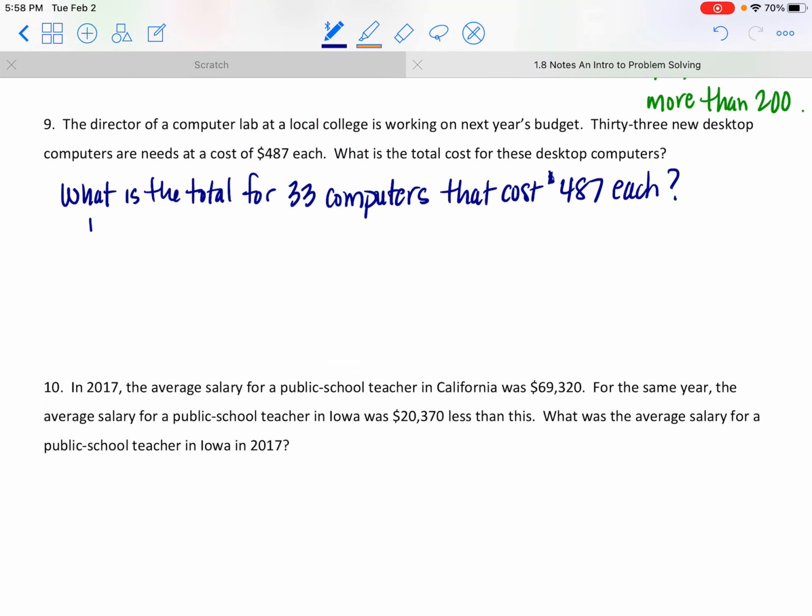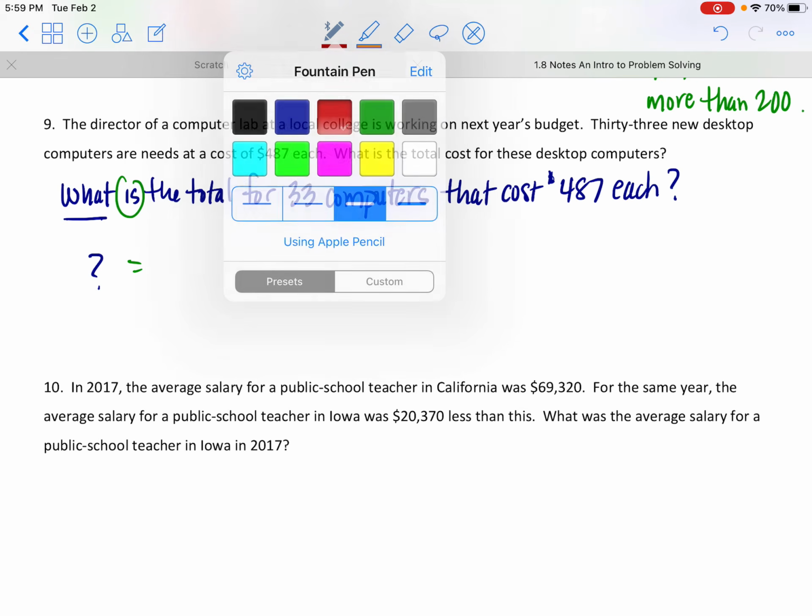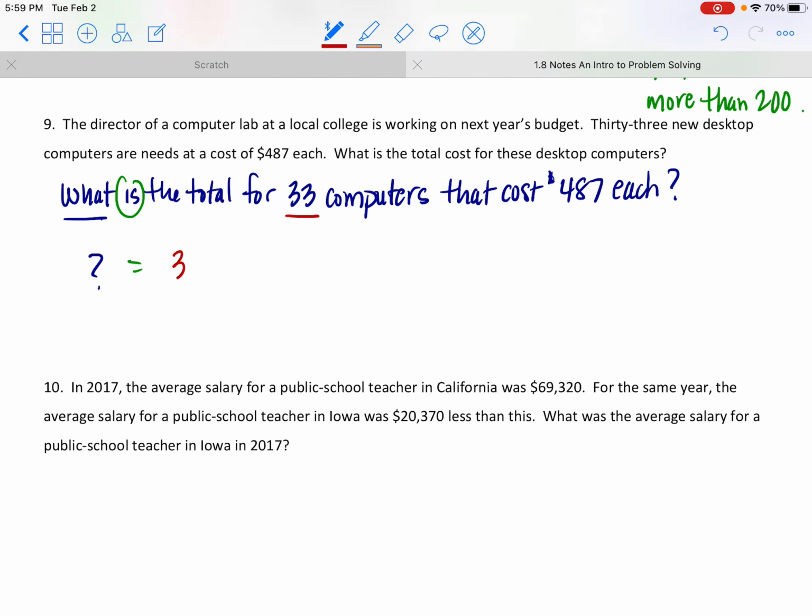So what is our question? Is the total, so the total for 33 computers that cost $487 each. So 33 computers at $487 each. $487 each means we have to multiply by 487. Okay, so we're going to get that total cost by multiplying.